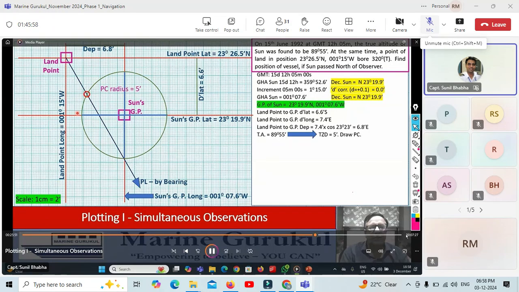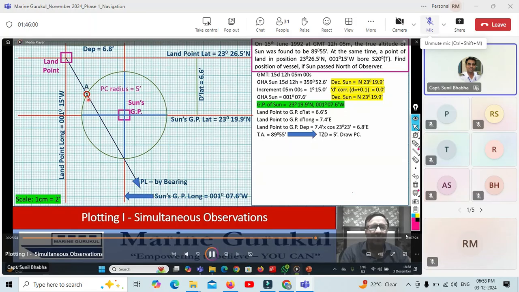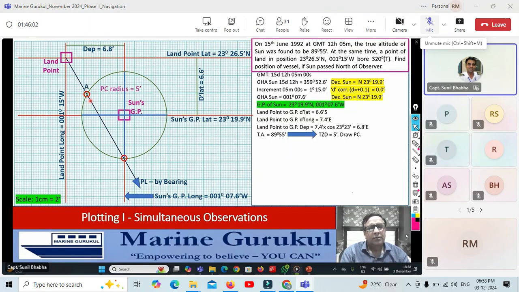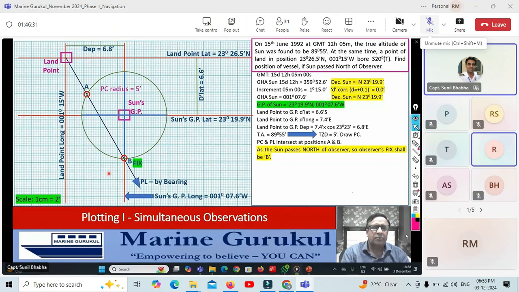The vessel may be either at this point, point A, or maybe at this point, point B. Now, since the question says the sun passed north of the observer, and the sun in this plot is represented by its GP, if the observer is at A, then the sun is passing south of the observer. But if the observer is at B, the sun is passing right north of it. So in this case, position A gets ruled out. The fix is then position B.